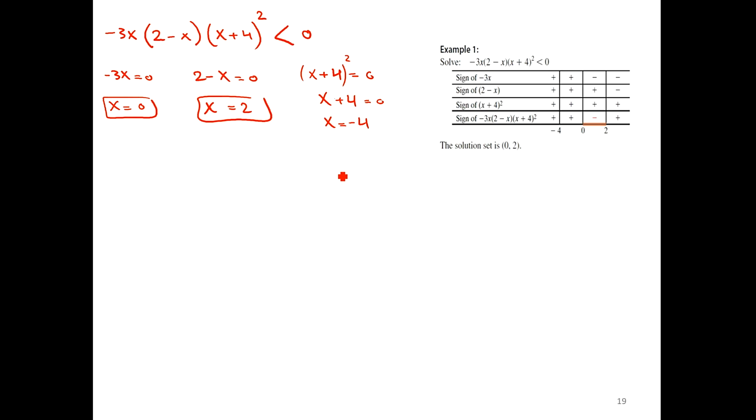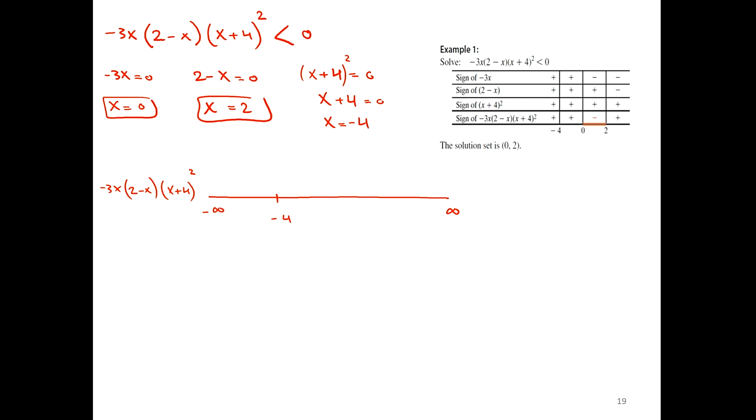On the real line for x, we need to find the sign of the terms negative 3x, 2 minus x, and x plus 4. This is minus infinity, and this is infinity.